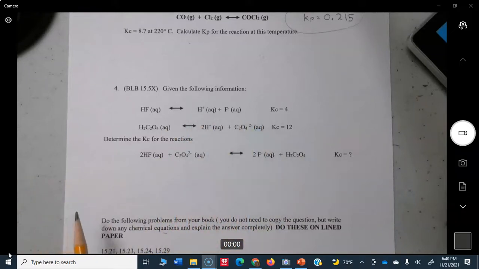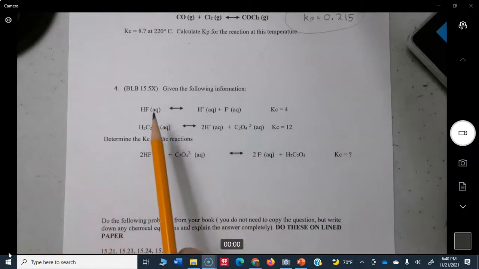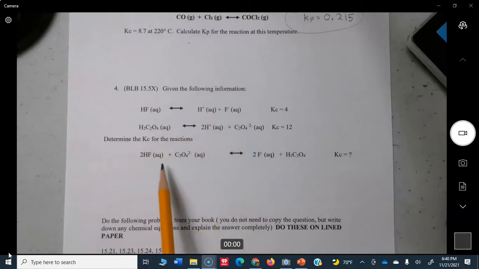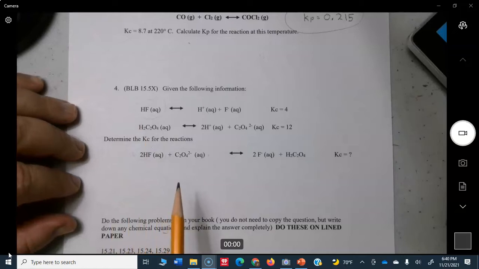All right, so the first thing we're going to do is we're going to look for something that only appears once up here and that's in the final equation. And what we see is that the 2HF and HF. So HF only appears once here. So that means in order to get 2HF, we have to do something to that. And what we have to do is we have to multiply it by 2.